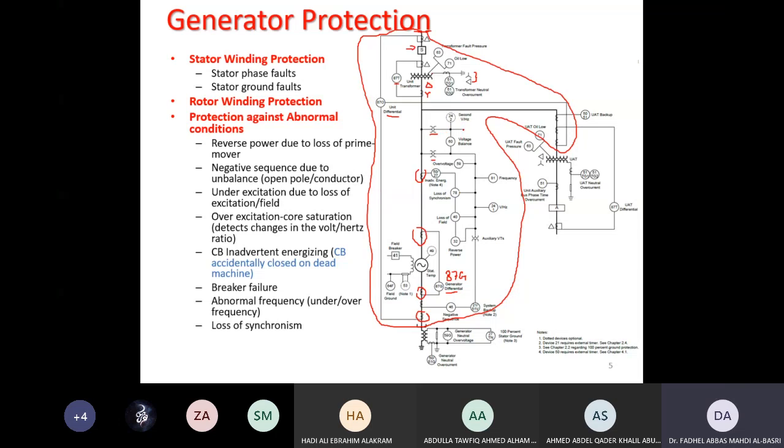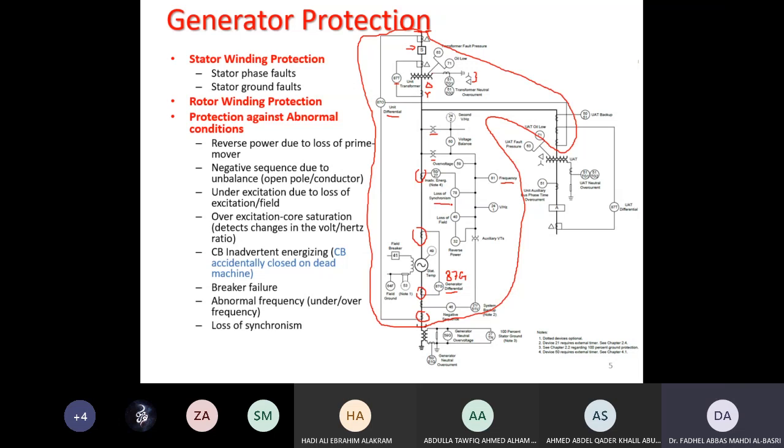This is a VT and another VT, and from the VT I can measure the frequency of that voltage, from which I can say whether this is over or under frequency protection.